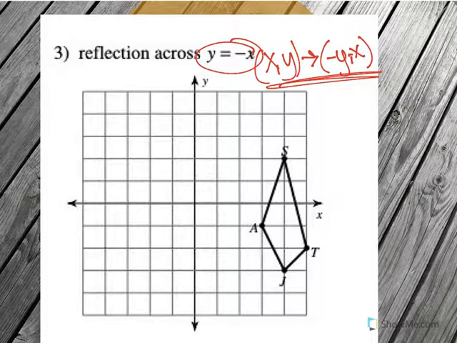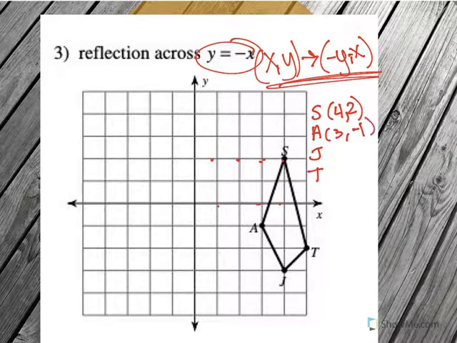So we've got S, A, J, T. So S is 1, 2, 3, 4, and up 2, 1, 2. There we go. And then A is 1, 2, 3, -1. J looks like 4, -3, and T is 5, -2.